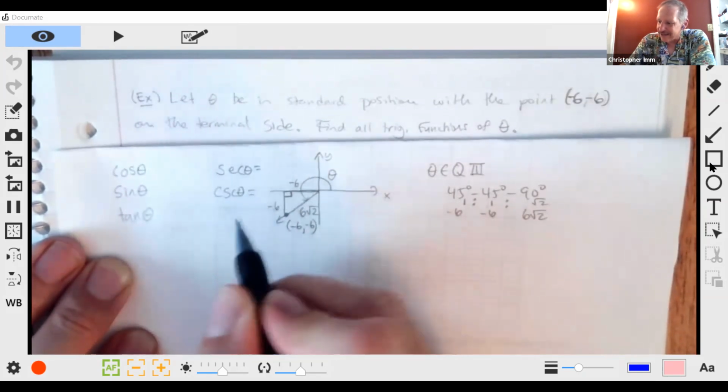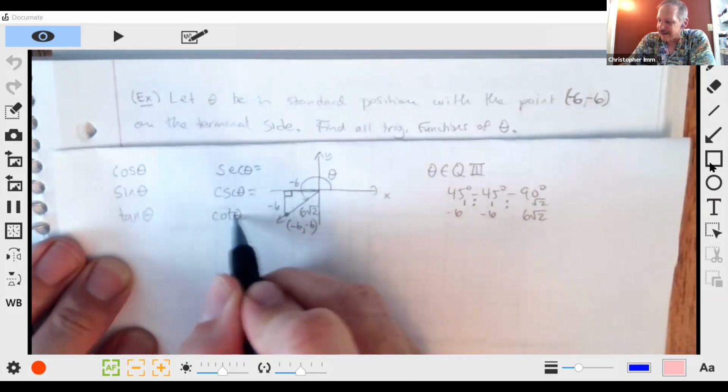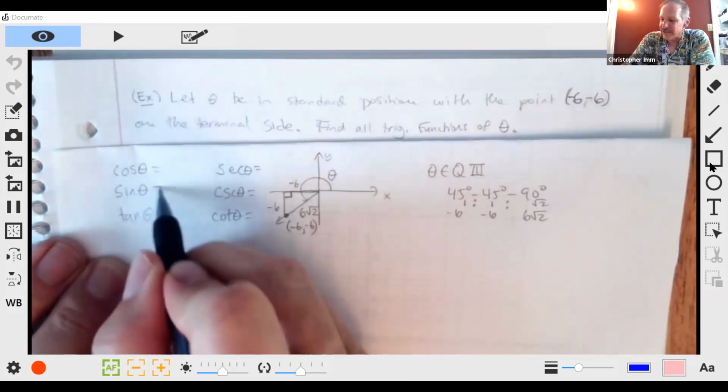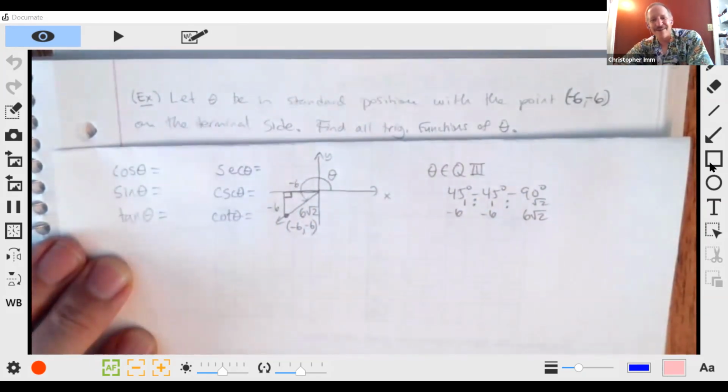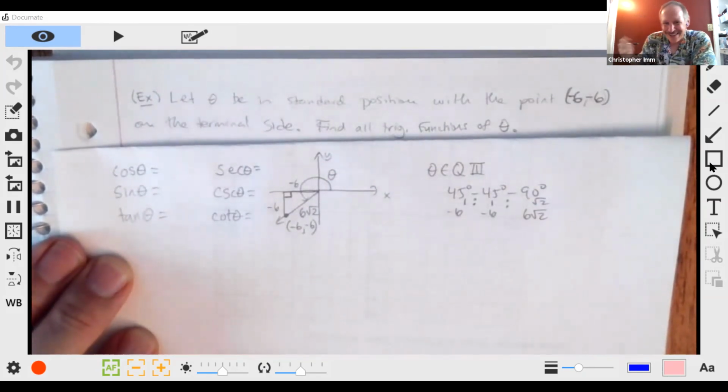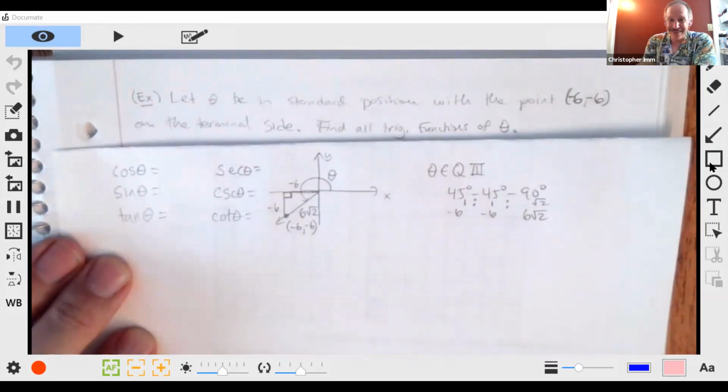And Jay, you can find cotangent of theta. When you have it, just blurt it out to me. You can write it in chat, but make sure I know which one you're trying to find. And the rest of you, see if you can find these as well. You're going to be backups.